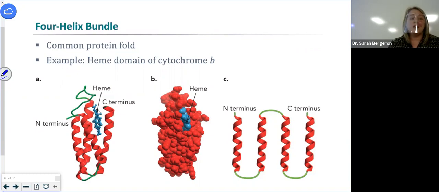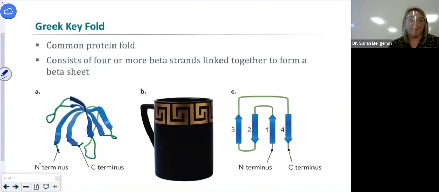If you look, this heme group is embedded into basically a pocket of alpha helices. And these alpha helices surround the heme group so that it's protected from water. If you look at the space filling model, you can see that it's pretty tightly protected. So if you look at the structure, you can kind of predict the function.